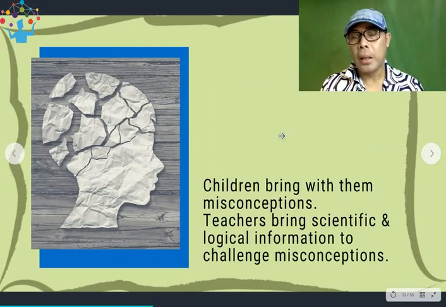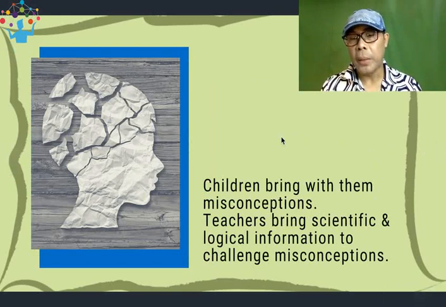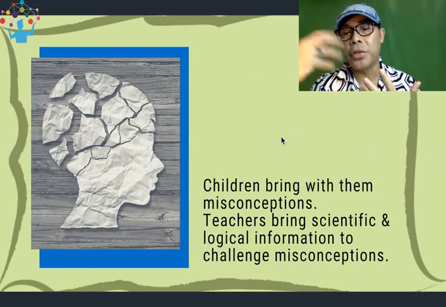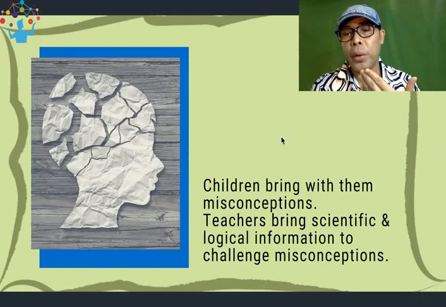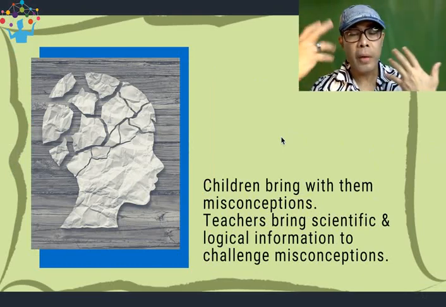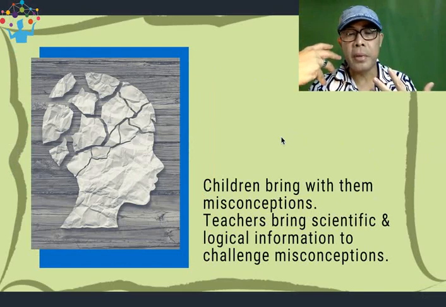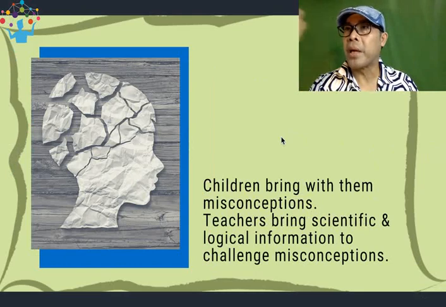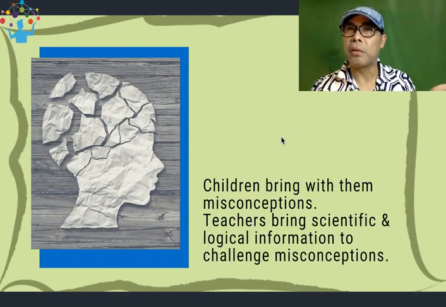Another thing that is very salient about constructivism is the understanding that children bring with them some misconceptions about life. We have lots of misconceptions, some understanding of life that was just passed on to us without really validating whether there's some truth to it or not.